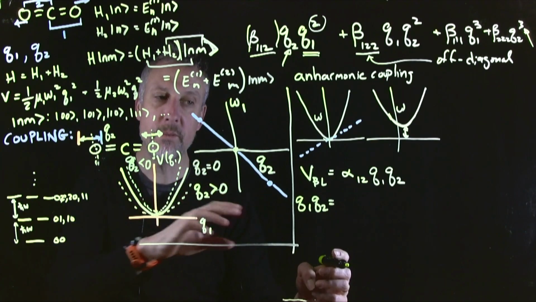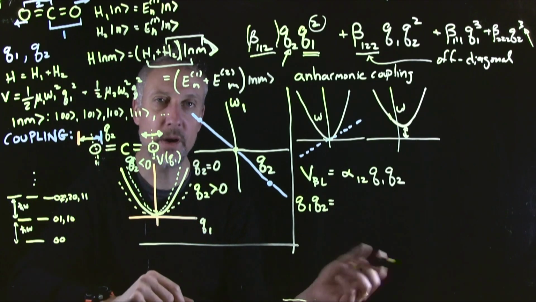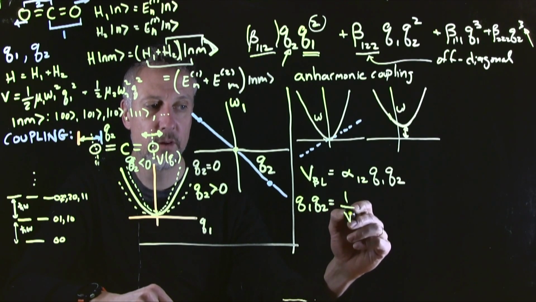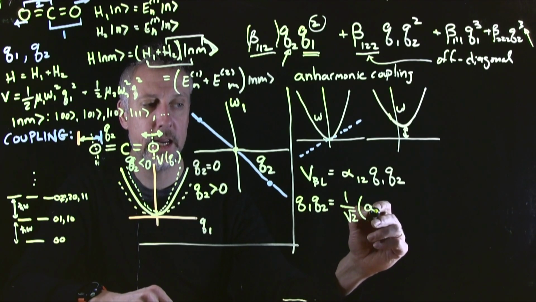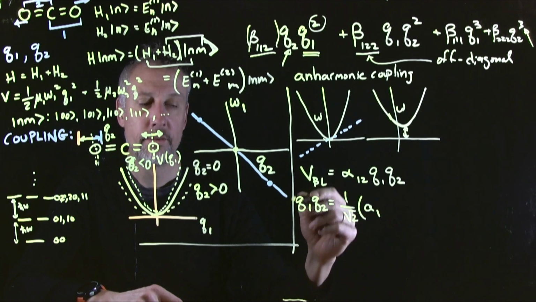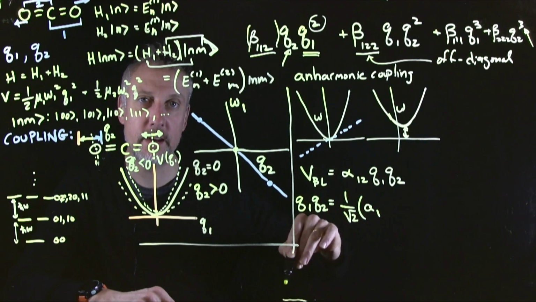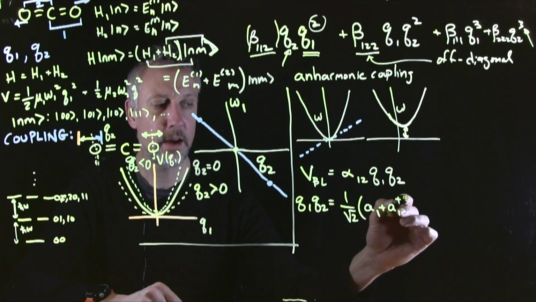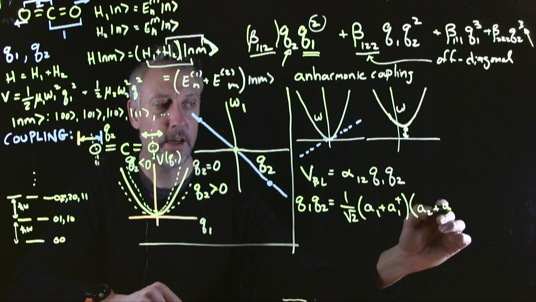We can always put it back into the units that we like by remembering how we transform from little q to big Q. So I'm going to write down 1 over the square root of 2 times A1, this is the annihilation operator for the 1 dimension. So it's like exciting, or in this case, de-exciting along Q1, plus A1 dagger, and then A2 plus A2 dagger.